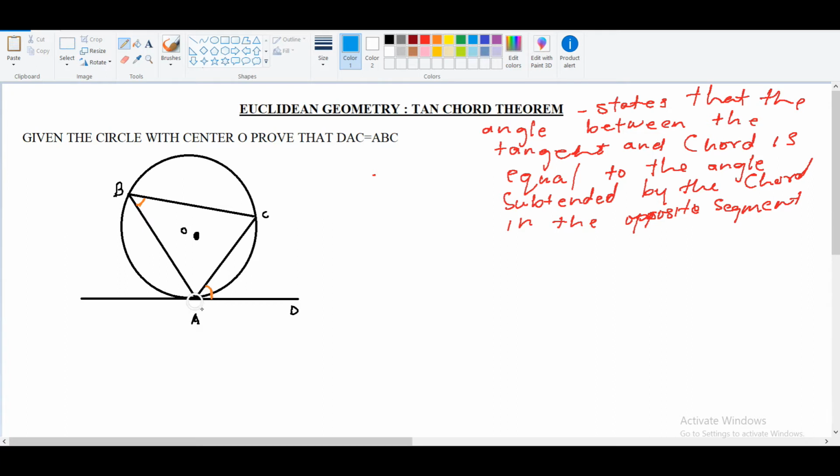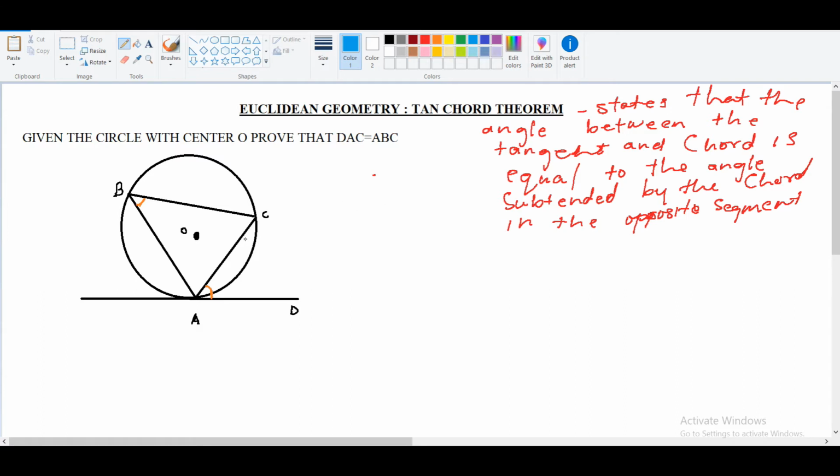So if a line is touching a circle at one point, it is called a tangent. A chord is a line which is in a curve and has both endings in the curve. So this line is our chord AC. You have chord AB, you have chord BC.